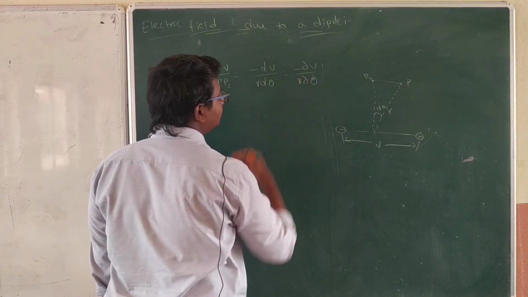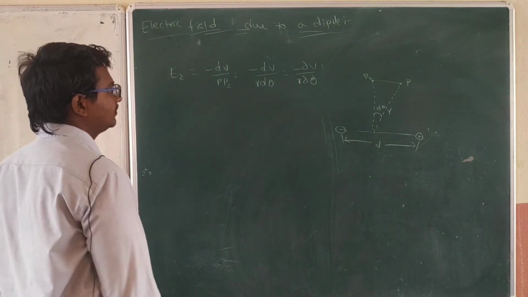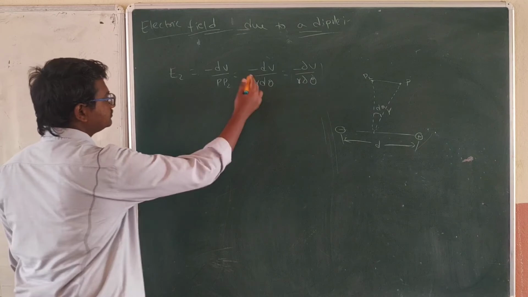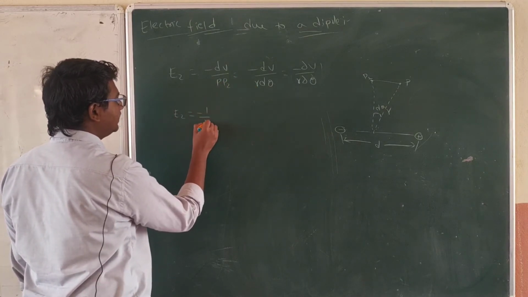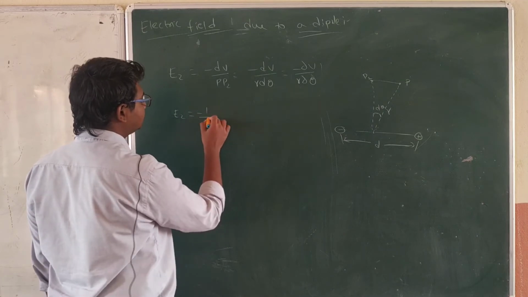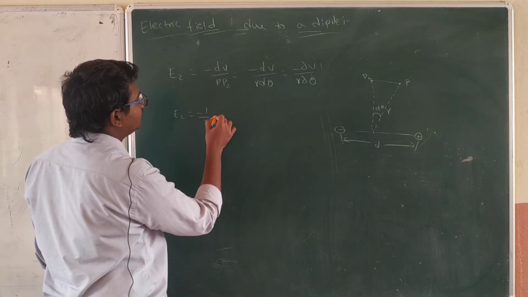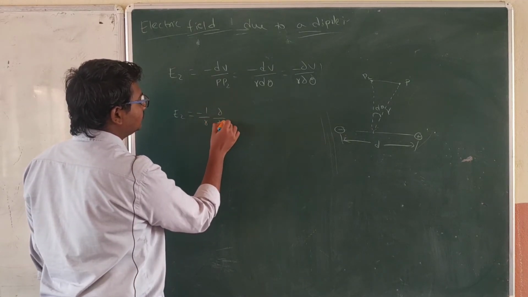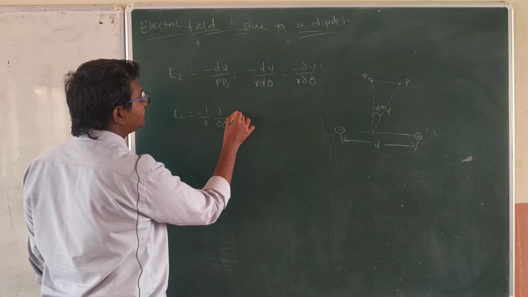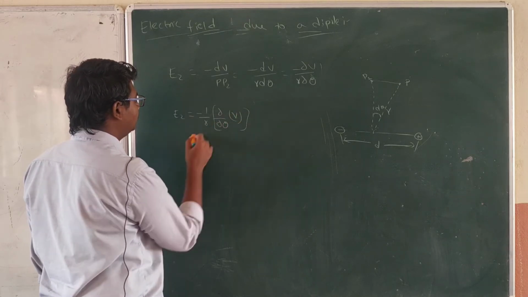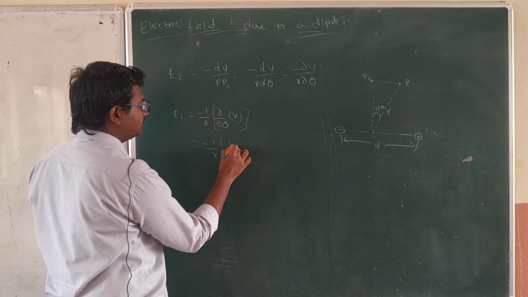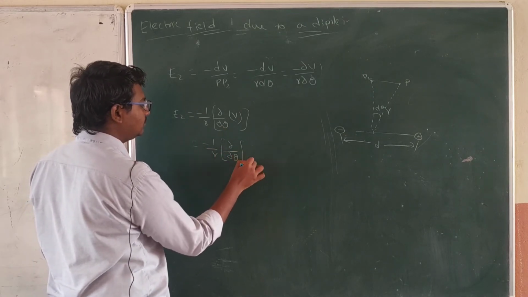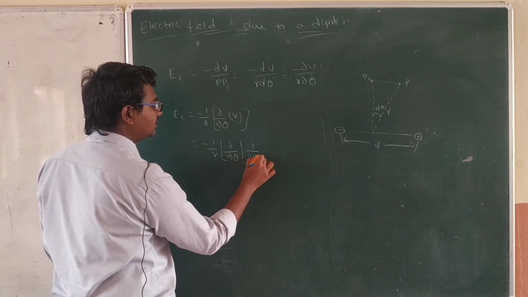Now E2 is equal to minus 1 by r, keeping it separately, next dou by dou theta of V, that is minus 1 by r into dou by dou theta of 1 by 4 pi epsilon naught.